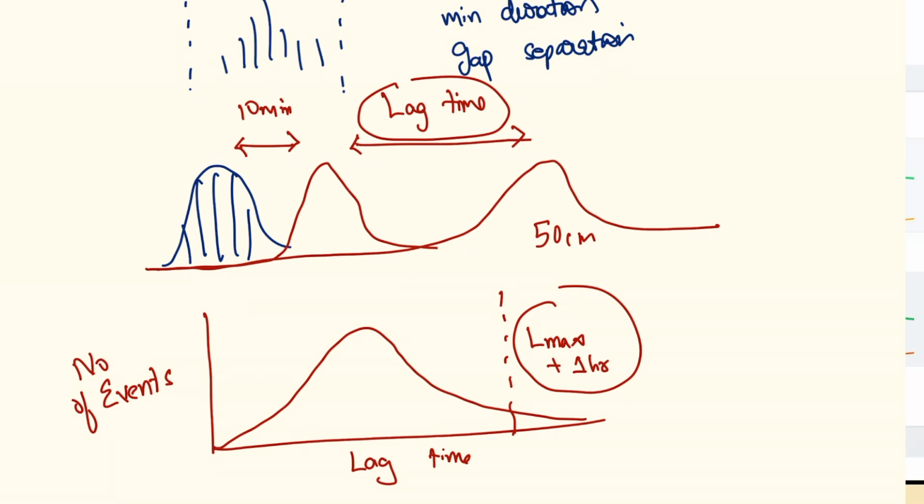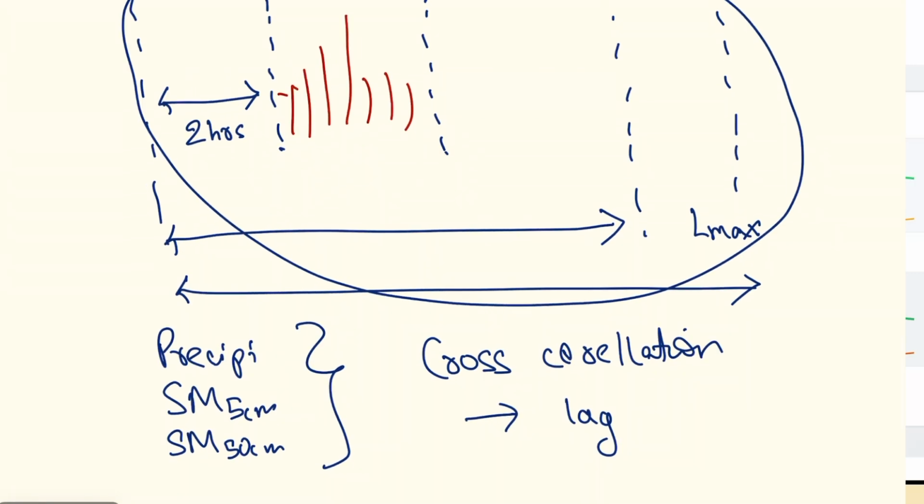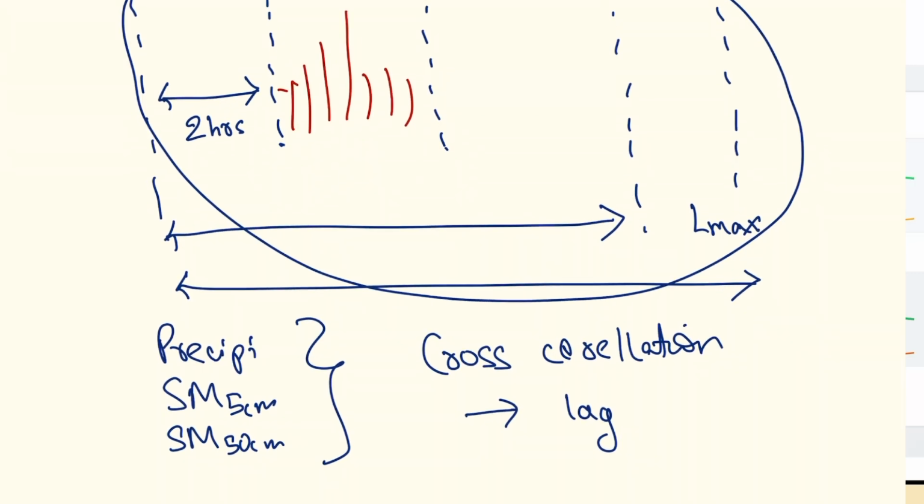However, the cross correlation lag from our analysis window gives a single peak. It's a more robust statistical approach, where we compare the entire rainfall time series with the entire soil moisture time series within this event window.